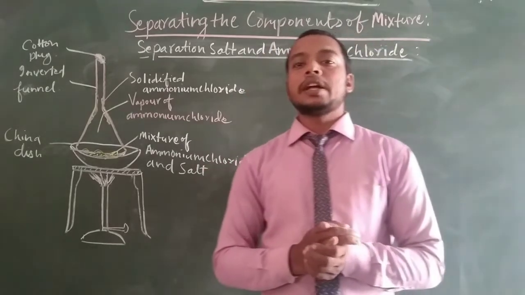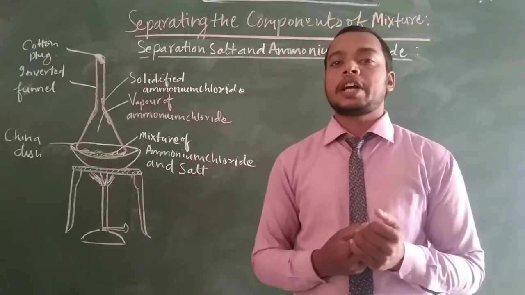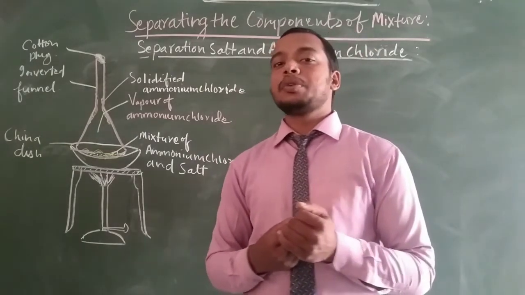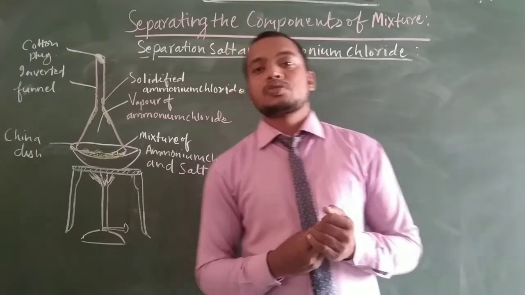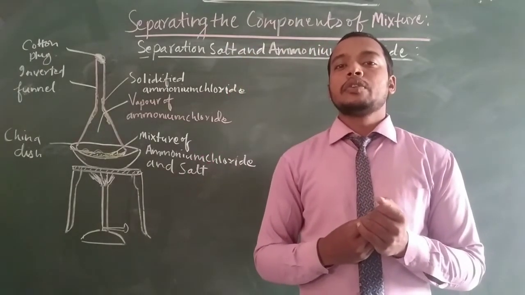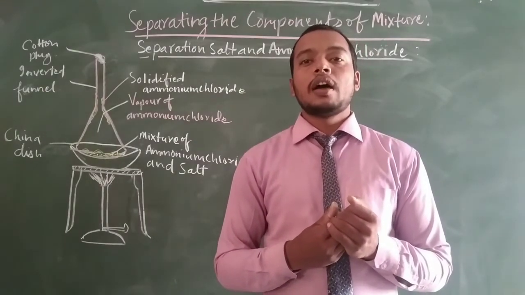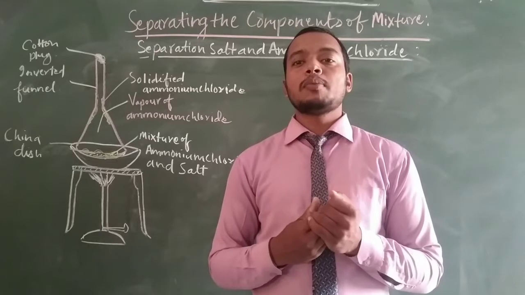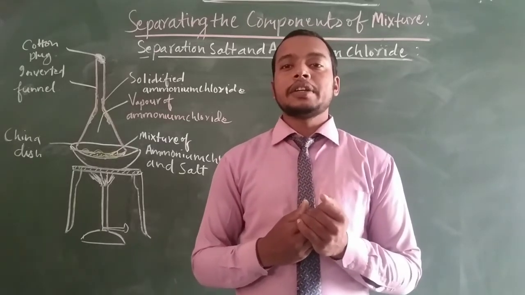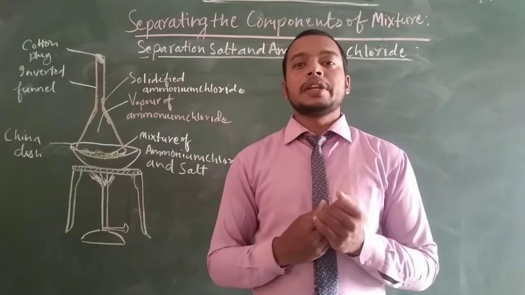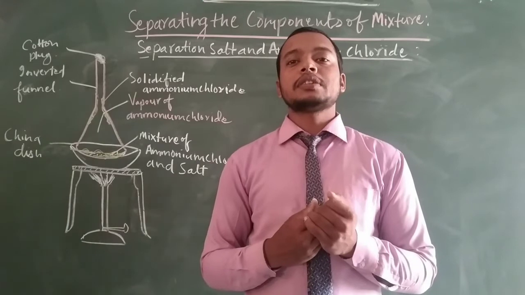On the wire gauze we place the china dish, and inside the china dish we put the mixture of salt and ammonium chloride. The china dish is then covered with an inverted funnel, and the funnel is blocked by a cotton plug. This whole apparatus is heated by a burner.